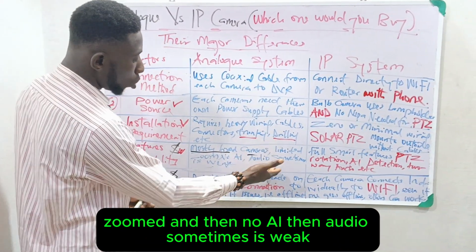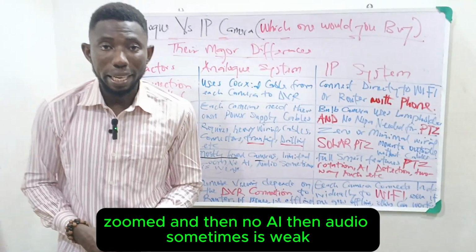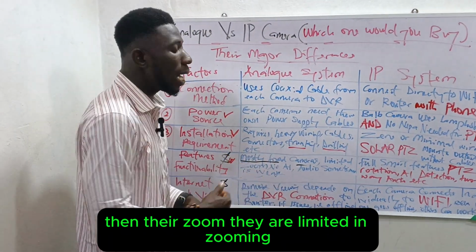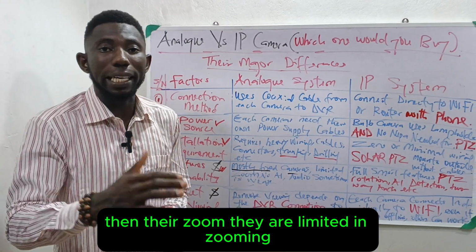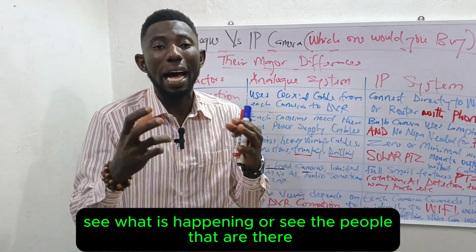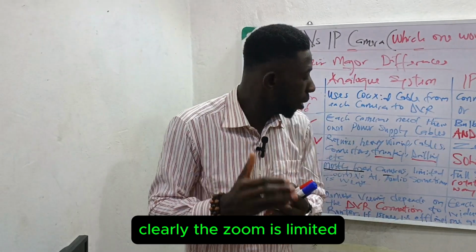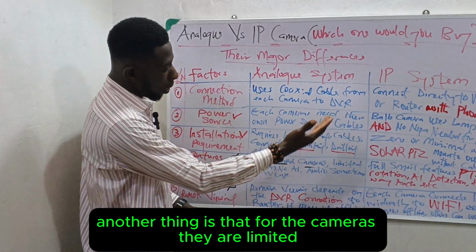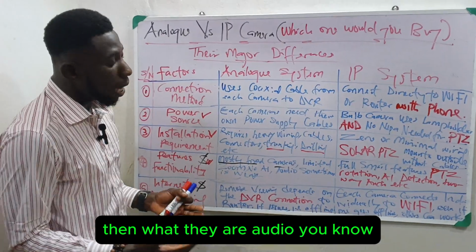Audio is sometimes weak in the analog system. Their zoom is limited: if you want to zoom the camera to see what is happening, or see the people there clearly, the zoom is limited. Another thing is that the cameras are limited. Then what? Their audio.